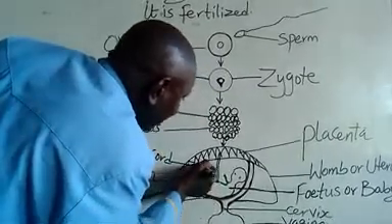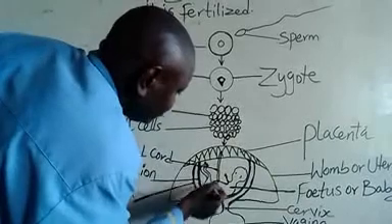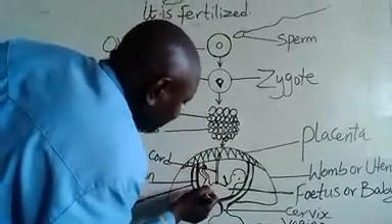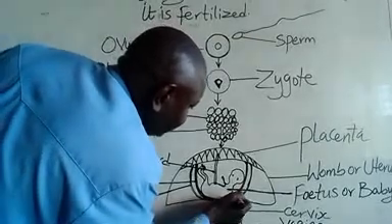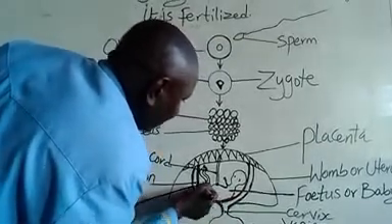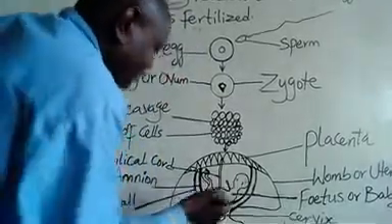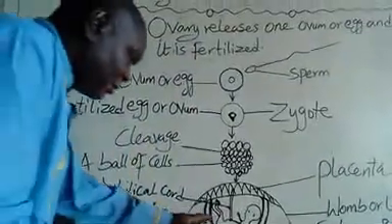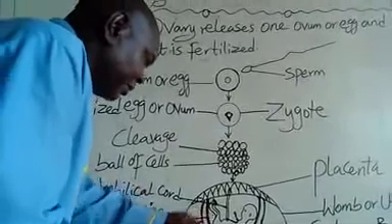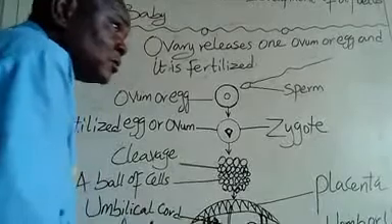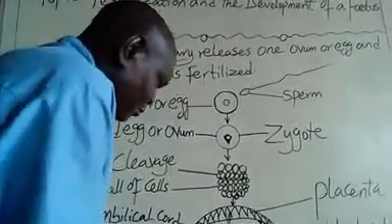Look at the amnion. It plays a vital role in the life of a baby while in the womb or uterus. It protects the baby from physical damage.